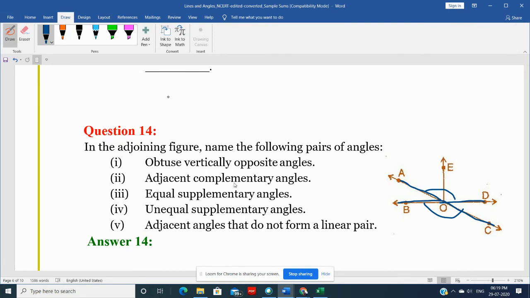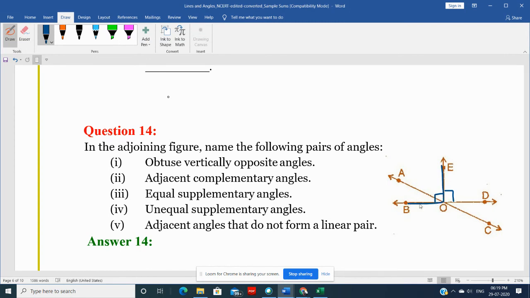Next is adjacent complementary angle. So again, it's very easy. Let me first erase this. See, adjacent and complementary means they have to sum to 90.